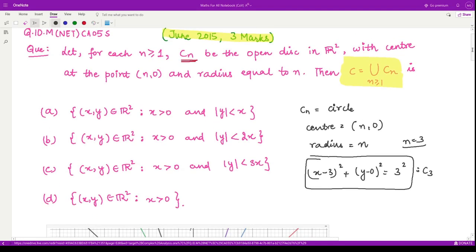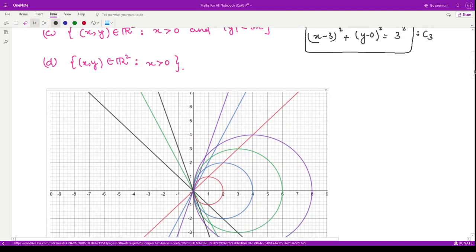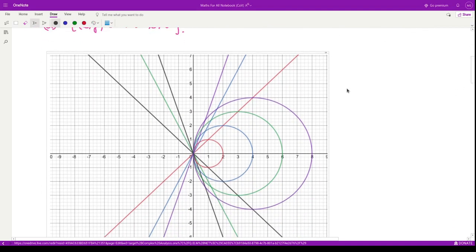Let us first see how these circles would look. So we have something like this. We have different circles over here. So this is a circle with radius 1 and center at (1, 0), right? So this is our C1.